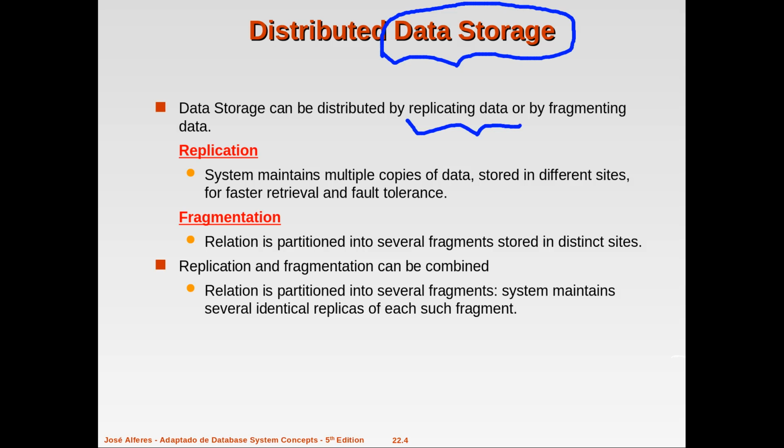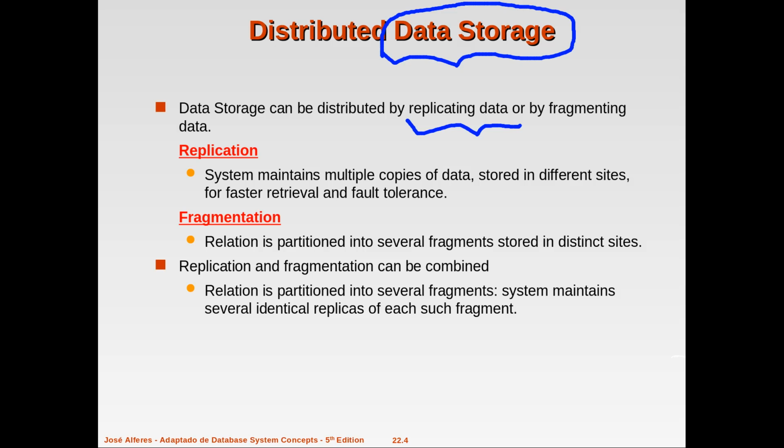Replication of data means the data or some data will be replicated or repeatedly available in different sites. That is called replication. The same data, for example, some account information, will be available in more than one site. That is called replication of data.